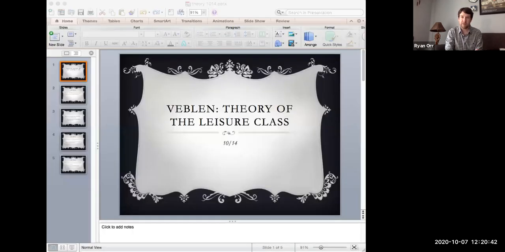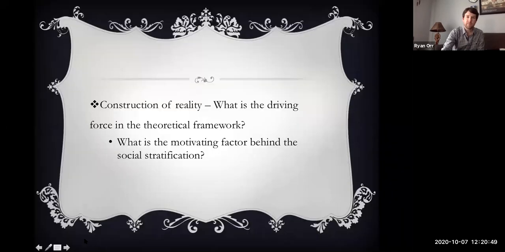And this is something we talked about in the first lecture, going over Veblen's book. Basically, we get into what he's trying to explain and the how. And in that first part of the how, we highlight that driving force.